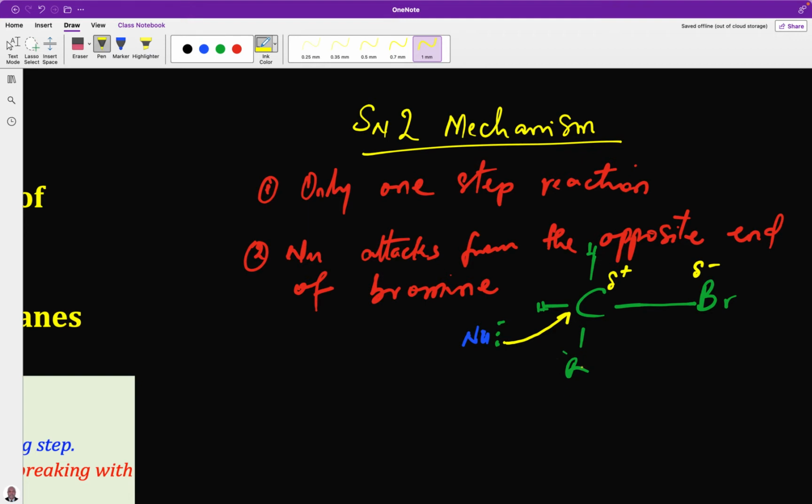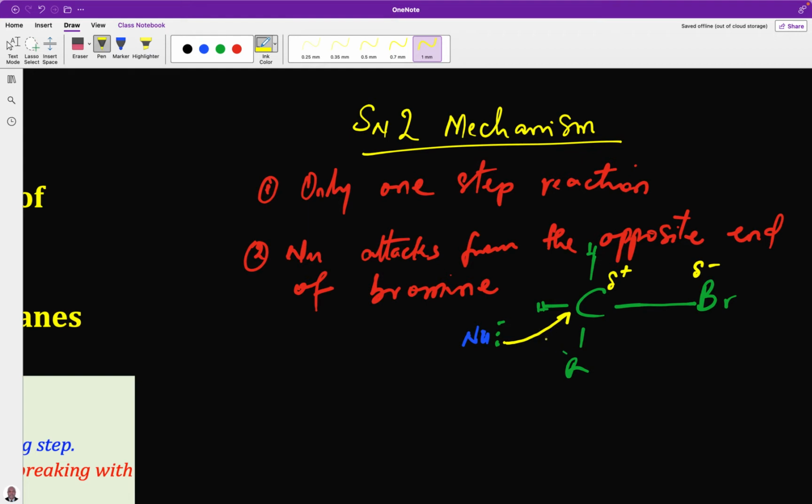It is not bulky with alkyl groups, because in SN1 mechanism, where we had a tertiary halogenoalkane, there were three methyl groups on the opposite end. So those were making the opposite end of bromine more bulky, more clustered with the methyl groups.